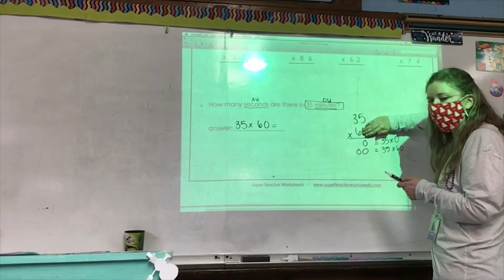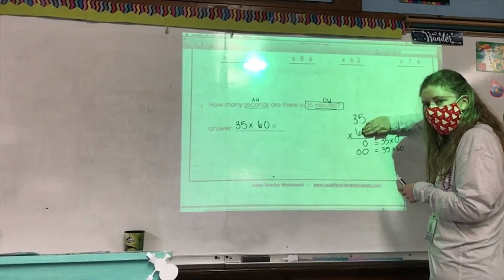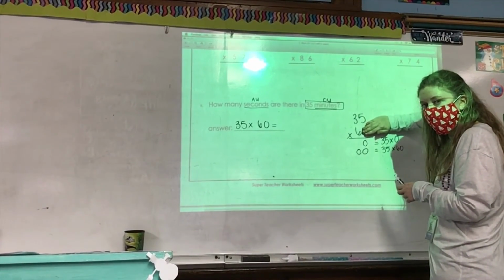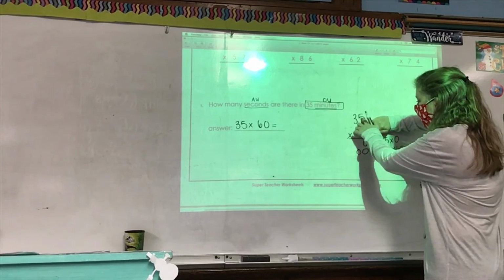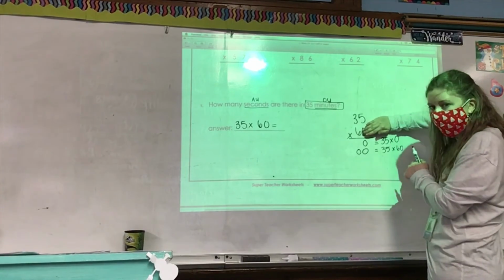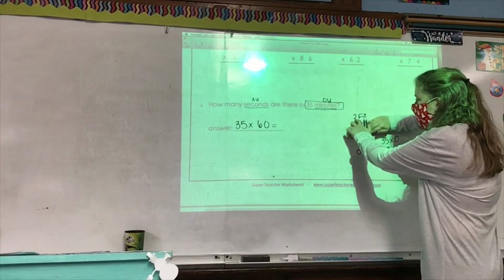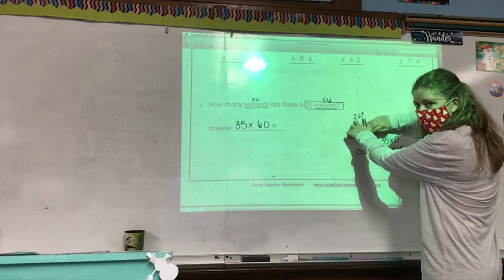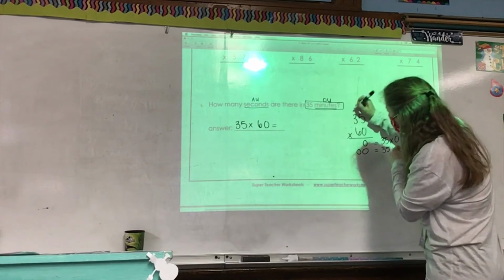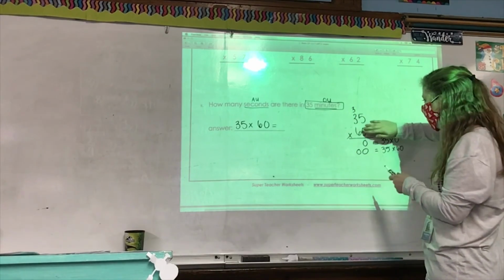Do I have somewhere to regroup that 3? No. I did 6 times 5, which is 30. Do I have somewhere to regroup that 3? Yes, because have I used this digit in the tens place on the top yet? No, which means I can regroup.